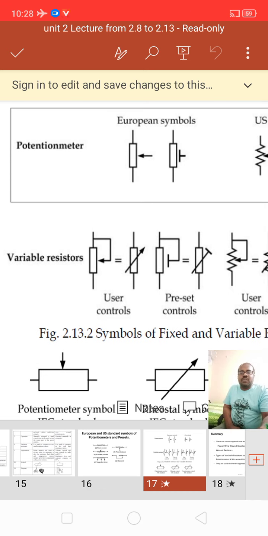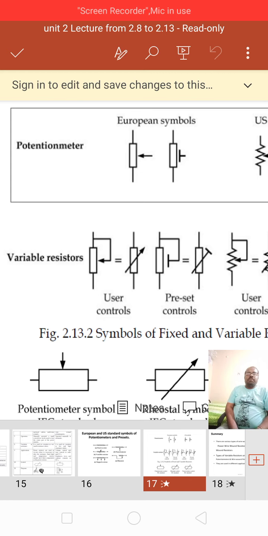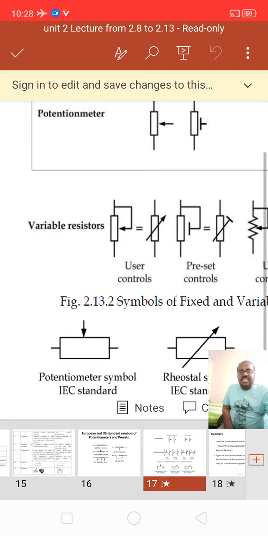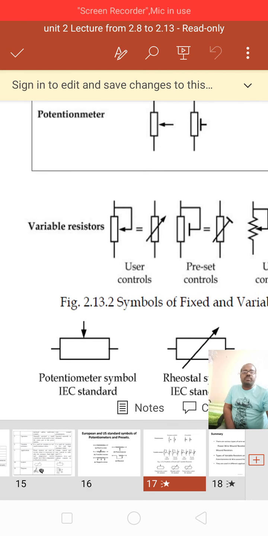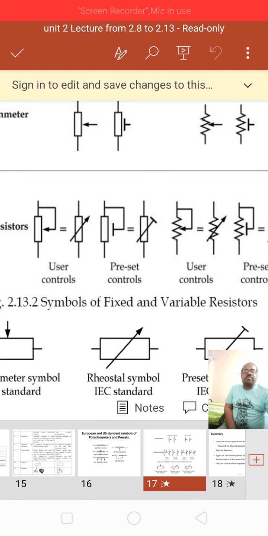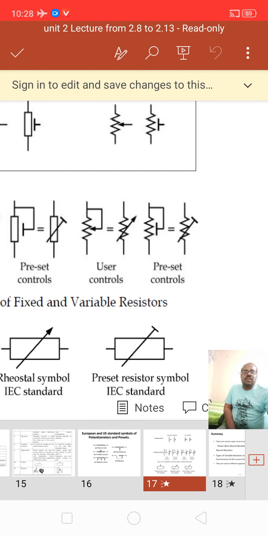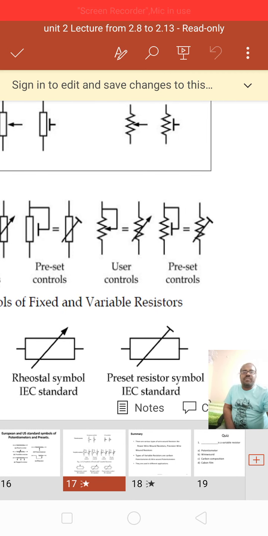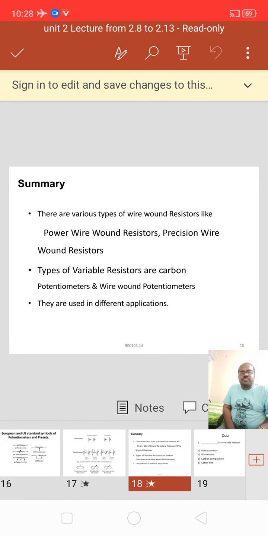Next, variable resistors, US user control resistors as well as the preset control resistors, in fixed and variable resistor forms also. Next, in IEC standard form the potentiometer symbol, rheostat symbol as well as preset resistor symbol are also given. See, make a note of it and get a good score.